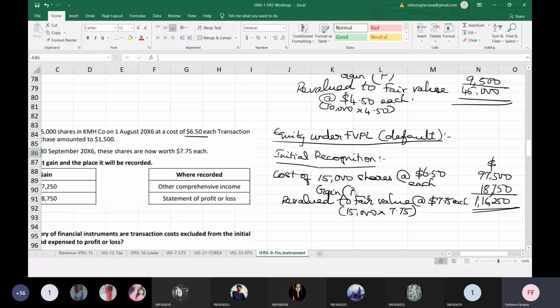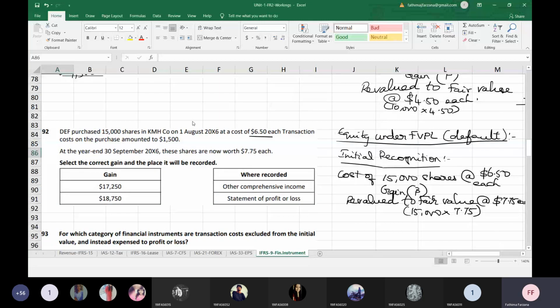This gain, where will you take it? SOPL. So select the correct gain and the place where it will be recorded. Which is the correct gain? 18,750. And where will it be recorded?